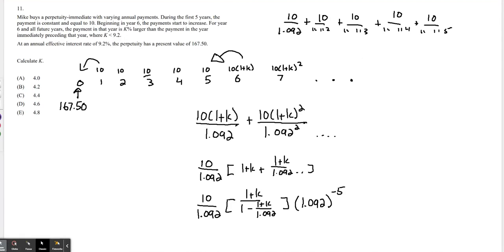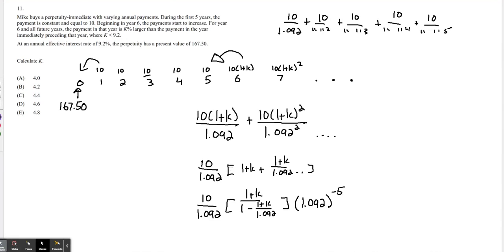Okay, so let's go ahead and figure out what that is in terms of just the tens. So 10 divided by 1.092, and you might want to store that in your calculator, okay? Squared, plus 10 divided by 1.092 to the 3rd, plus 10 divided by 1.092 to the 4th, plus 10 divided by 1.092 to the 5th.